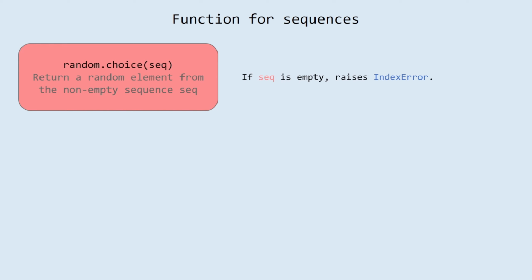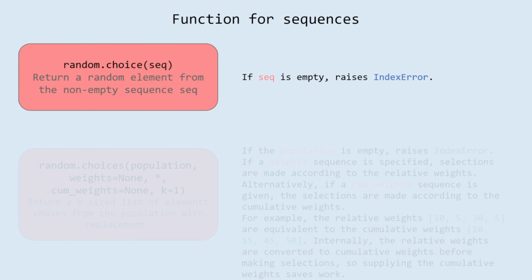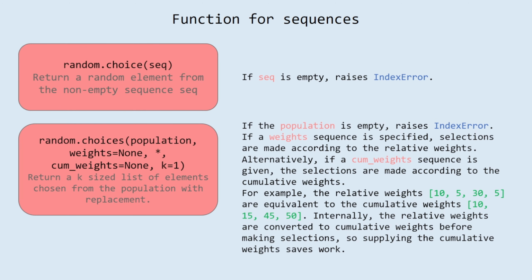Functions for sequences. choice, return a random element from the non-empty sequence seq. If seq is empty, raises IndexError. choices, return a k-sized list of elements chosen from the population with replacement. If the population is empty, raises IndexError. If the weights sequence is specified, selections are made according to the relative weights.